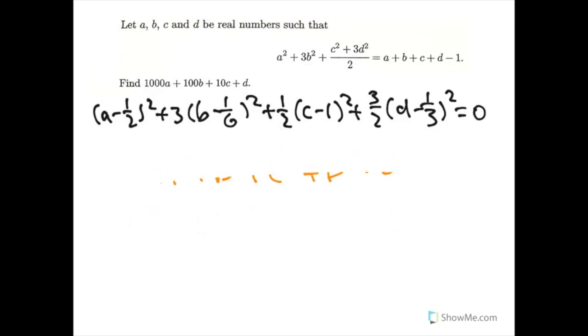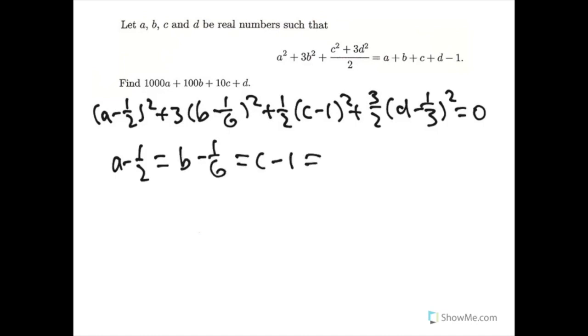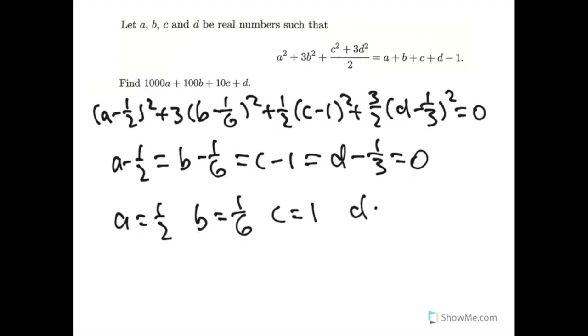And we can use this fact here. Essentially, what we have is that a minus half is equal to 0, and b minus 1/6 is equal to 0, and c minus 1 is equal to 0, and d minus 1/3 is equal to 0. So now we have what a, b, c, d are. A is equal to 1/2, b is equal to 1/6, c is equal to 1, and d is equal to 1/3.